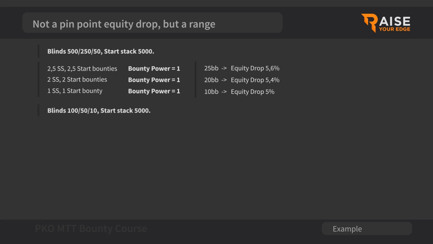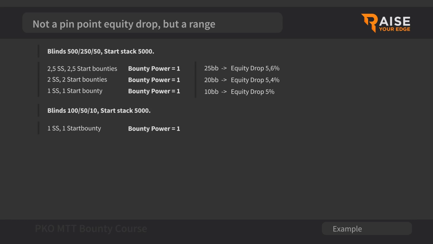Now let's change the blinds to 150 and 10, and again a starting stack of 5,000. If we jam one starting stack here and we have one starting bounty to win, then the bounty power is of course again 1, because the relation is bounties which can be won divided by starting bounty, and stack which has to be risked divided by starting stack.